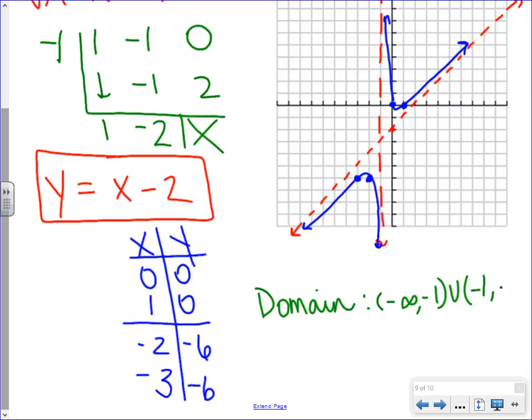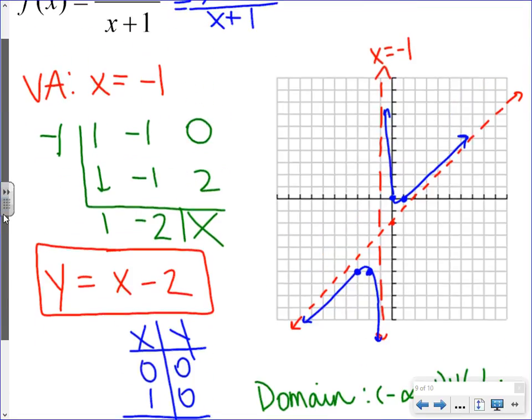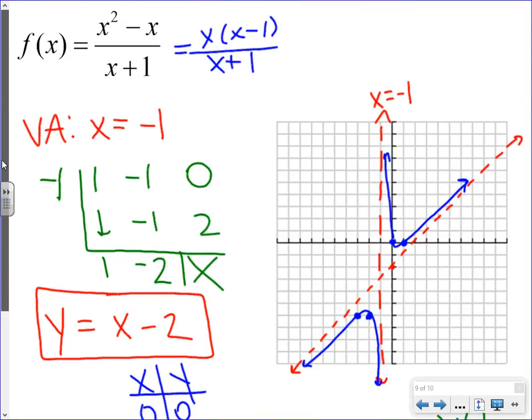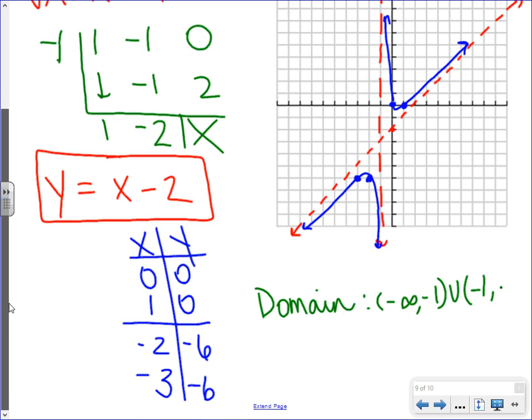Do we have any more values to exclude? What makes our denominator 0? -1. And that's it, right? That's the only thing we have to worry about. On our other two examples, we had 2 values that made our denominator 0, so we had to exclude both of them. In this one, we only had 1 value that made our denominator 0, so we only have to exclude that 1.